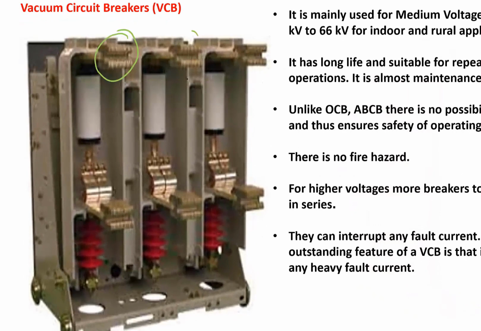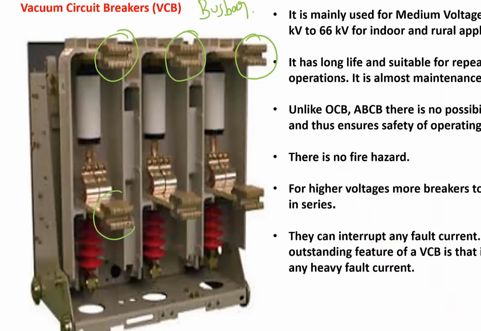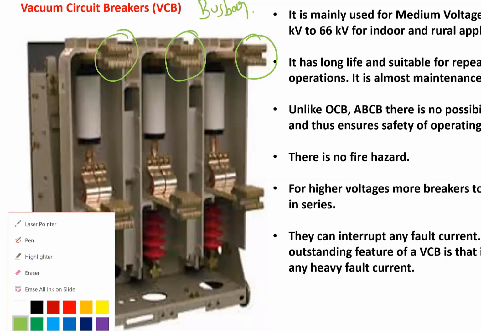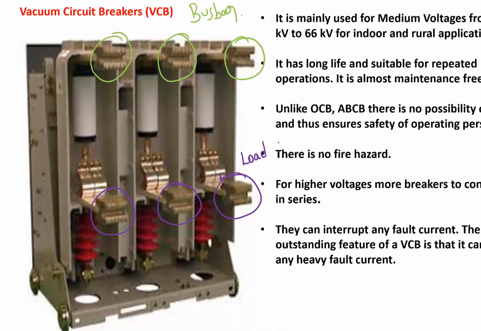The green contacts are connected to the bus bar, and the bottom side contacts are connected to the outgoing supply. If we consider it is supplying to the motor, understand? So these are connected to the bus bar, these are connected to the load. If it is a motor, then they are connected to the motor.